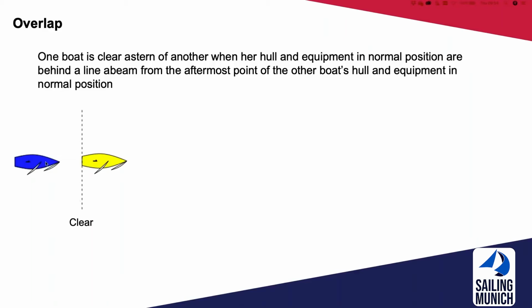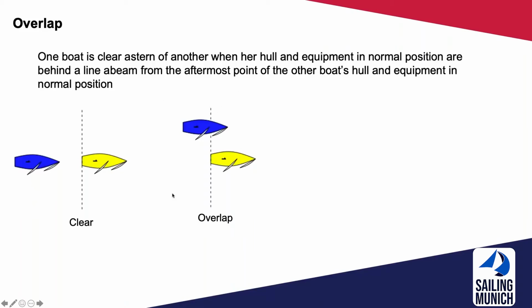Then ask, is the other boat behind that line, or are they in front of that line? So in this case, blue is behind that line. She's therefore clear astern. If, on the other hand, blue was in front of that line, she would be overlapped. In this case, she'd be overlapped, we'd say, to windward. So she would be the windward boat here.